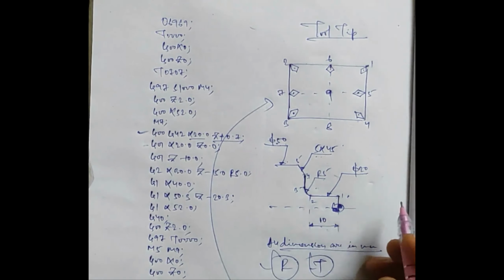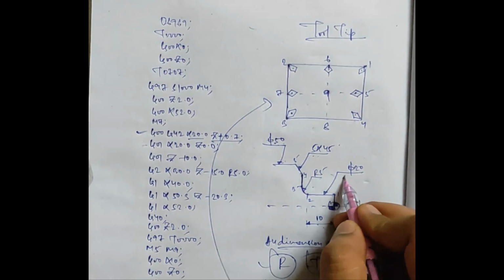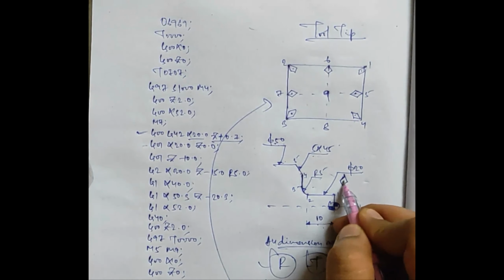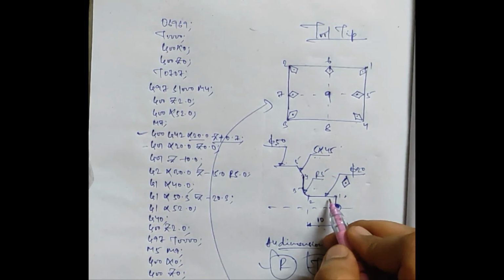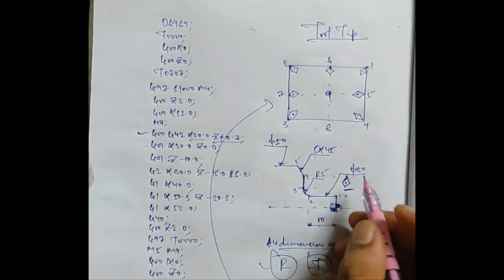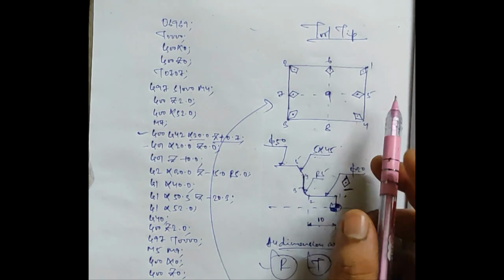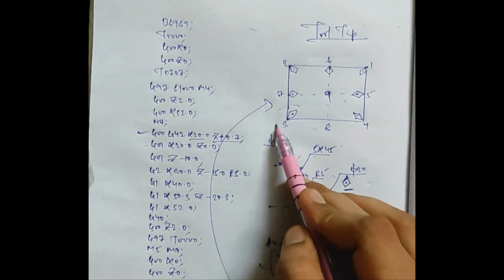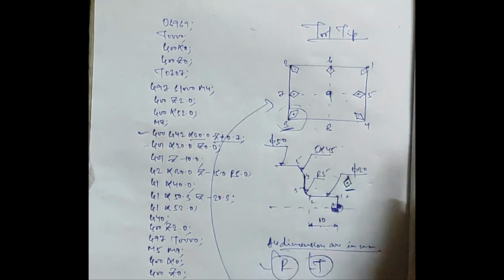While operating on this profile, your insert will be like this. Clear. So match this thing with this thing. So you will get this value, which is 3.